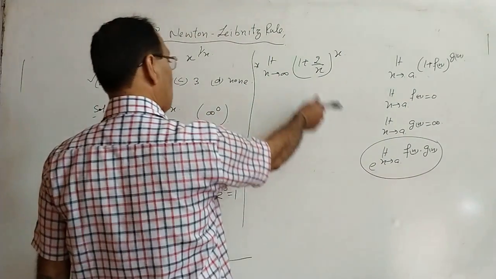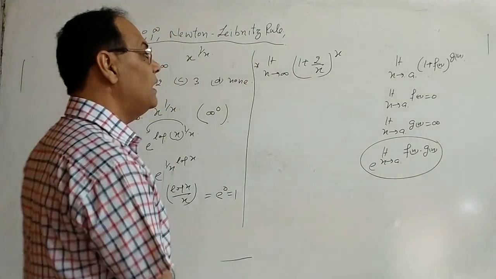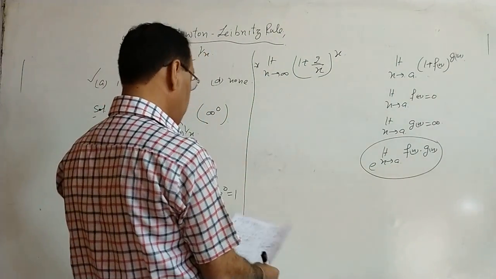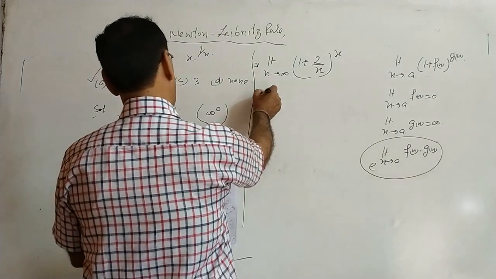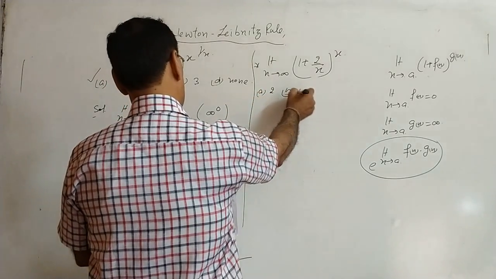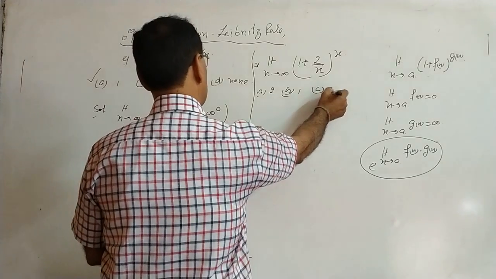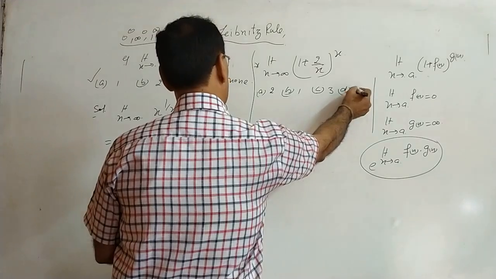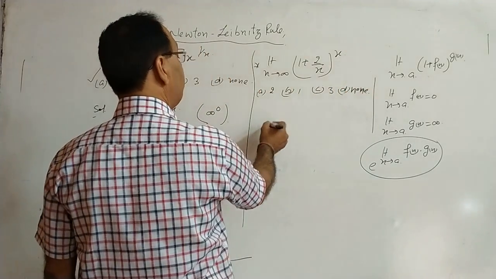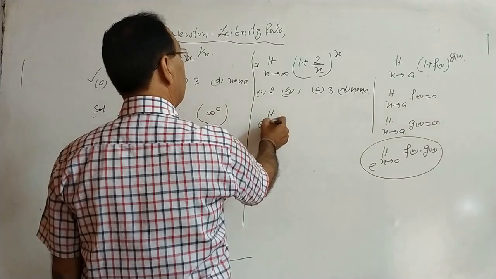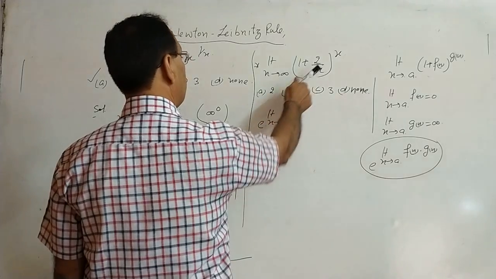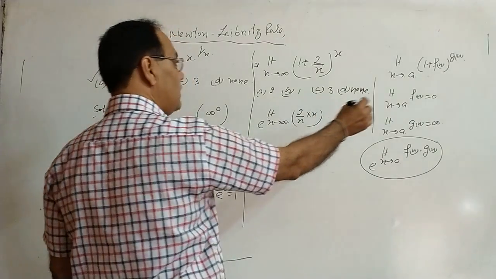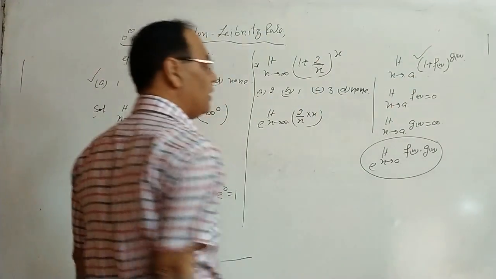Okay beta. So now by using this result, we can directly evaluate the limit of this function. First of all let me take the options. The options are: a is 2, b is 1, c is 3, and d is none of these. Now its limit we can take as e raised to power limit x approaches infinite of the product of both functions, 2 by x into x.